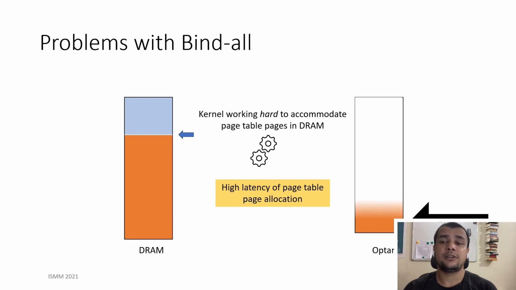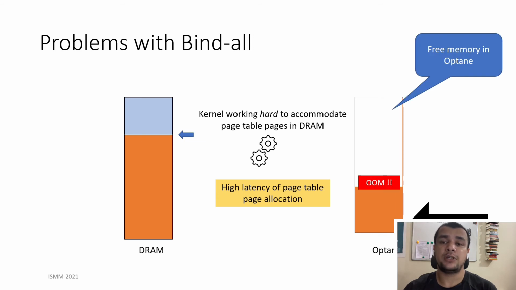Hence, the kernel tries hard to make space on DRAM for these page table pages. It reclaims pages on DRAM. This increases the latency of the page table allocation. Eventually, the kernel fails to accommodate any more page table pages in DRAM, and the application crashes with an out-of-memory error, even when there are free pages in the Optane.